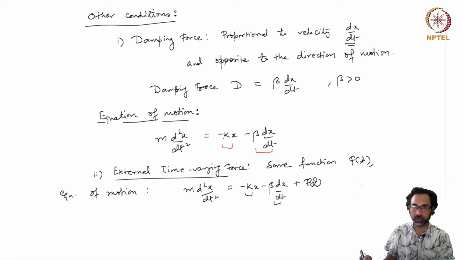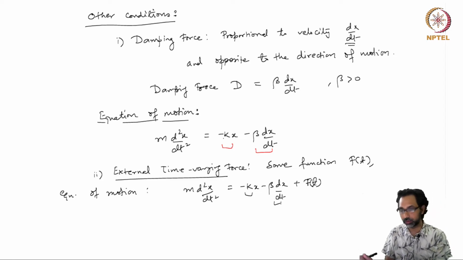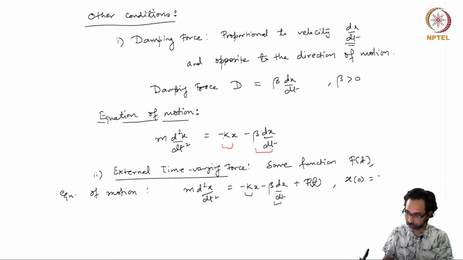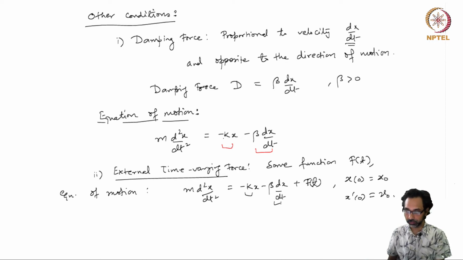So f can be positive or negative depending on t, and so the direction of force can change with time. Here you can take the initial conditions x(0) as x0 and x prime 0 as v0.